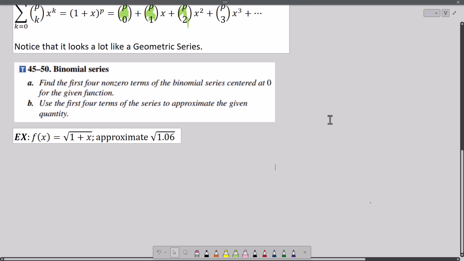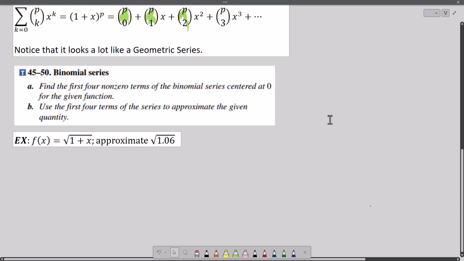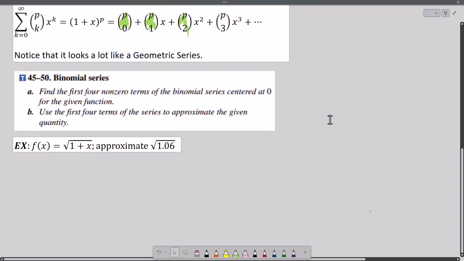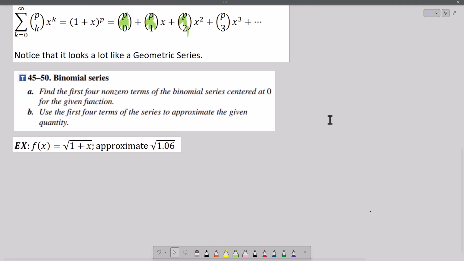So we want the first 4 non-zero terms as our approximation. So we would call that P sub 3. Well, it depends. If there's no zeros, it's P sub 3 for 4 non-zero terms. So first 4 non-zero terms centered at 0, and then we're going to approximate the quantity.